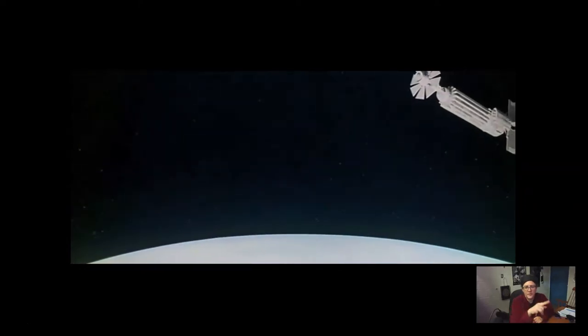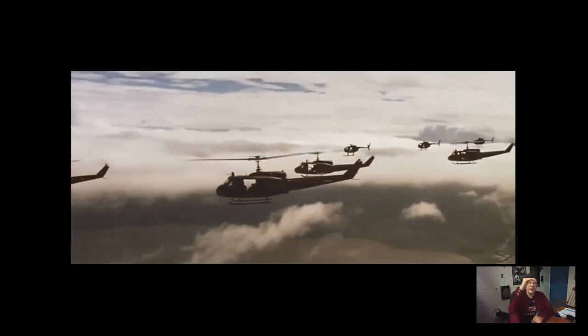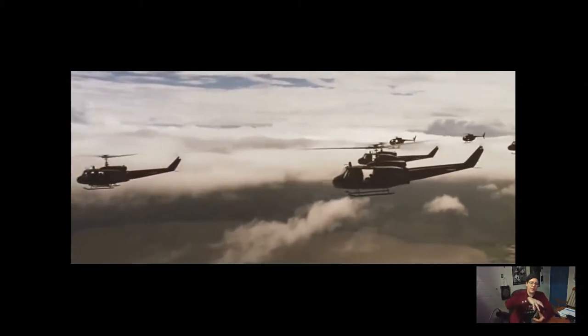So remember this, the pedestal shot going up, moving from one wide angle to another and revealing something. Always a very effective shot.